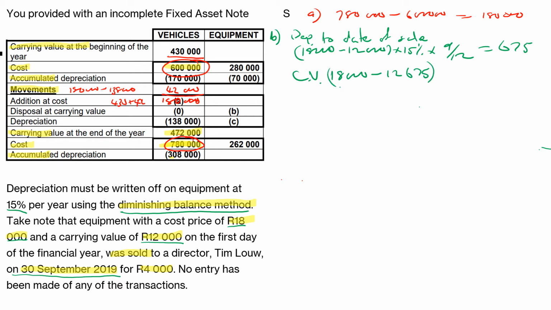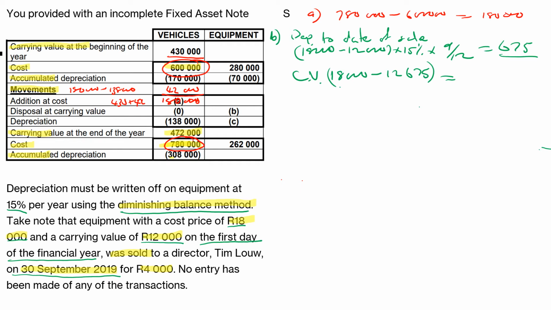So that is plus the 675. Remember, the amount that we're given was, say, 12,000 on the first day of the financial year, so we needed to calculate depreciation up to 30 September and add it in order for us to calculate carrying value. So our carrying value will be 18,000 minus 12,675.